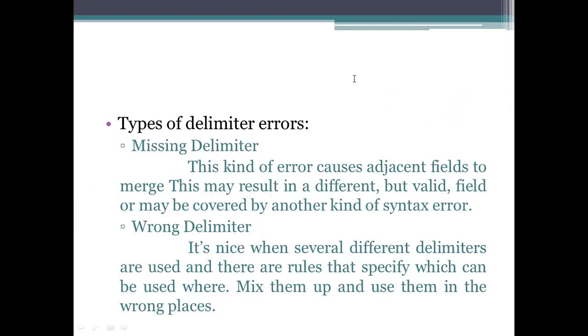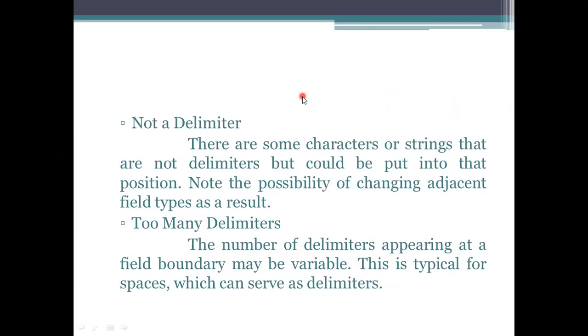And coming to the next one, which is not a delimiter. Not a delimiter means some characters we use should not be put in that position. Yes, it is a delimiter, but it's not a delimiter in this environment. What is the example?